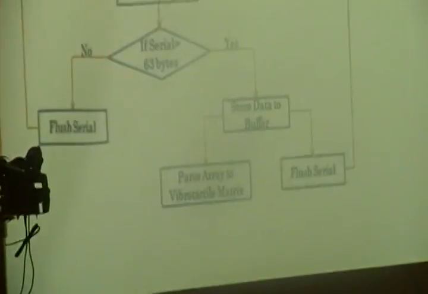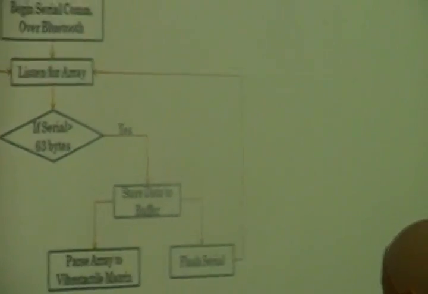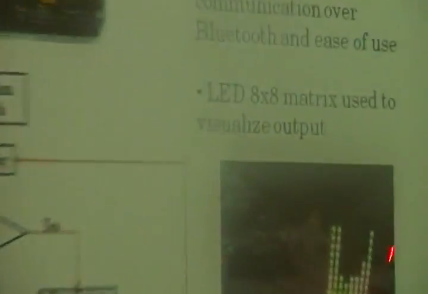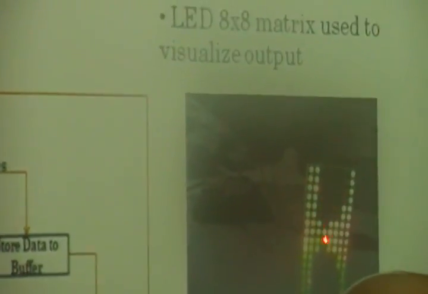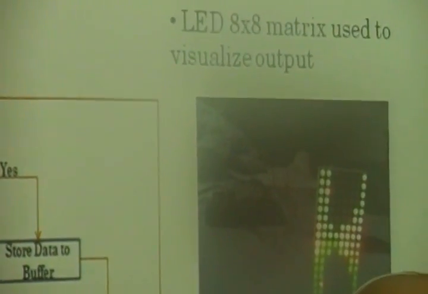When the data is received, it's stored in a buffer, and the buffer is parsed to our vibrotactile matrix. When the data is received, the serial is flushed, and it continues to listen for an array. And then here you can see the visual output of our code in the form of an 8x8 LED matrix.